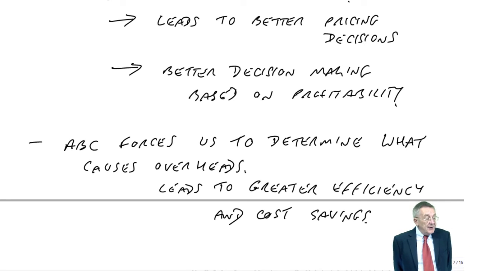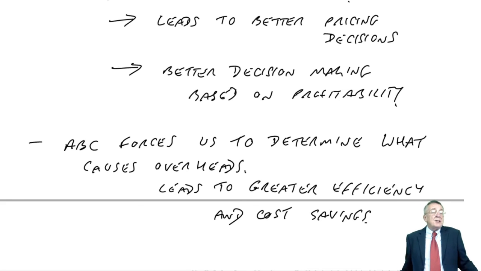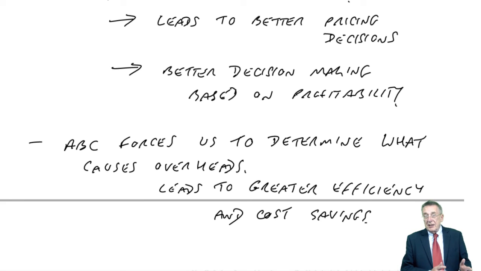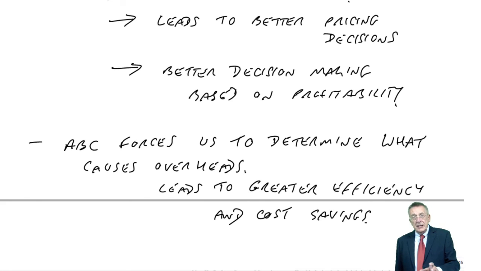I mean, product A, we're setting up 10 times and we're producing in total 20,000 units. So on average, each batch must be of 2,000 units. Product C, all right, we're only setting up 2 times, but we're only producing 2,000 in total. So on average, there's only 1,000 in each batch for product C. So why are we making C in smaller batches?